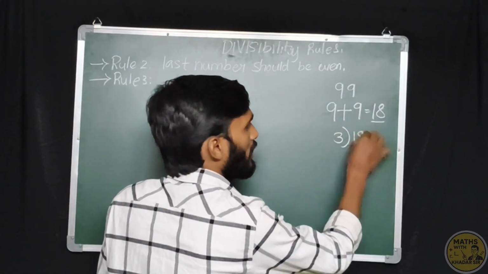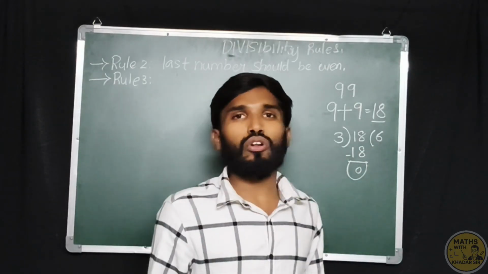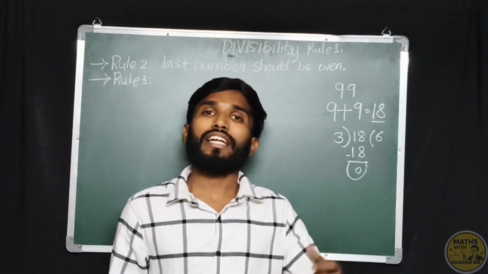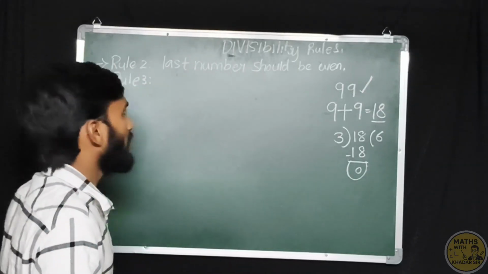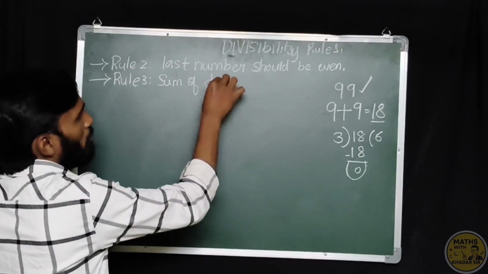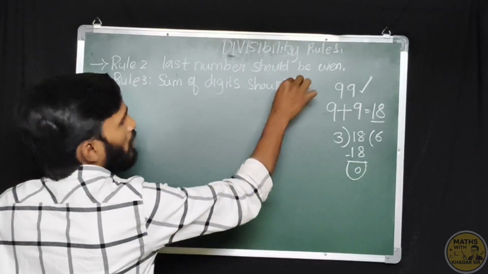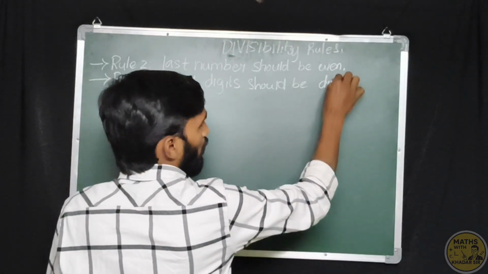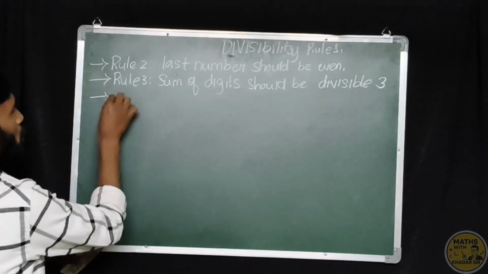That means the divisibility rule of 3 is: if the sum of the digits of the given number is divisible by 3, then the entire number is divisible by 3. This is about the divisibility rule of 3. The sum of digits should be divisible by 3.